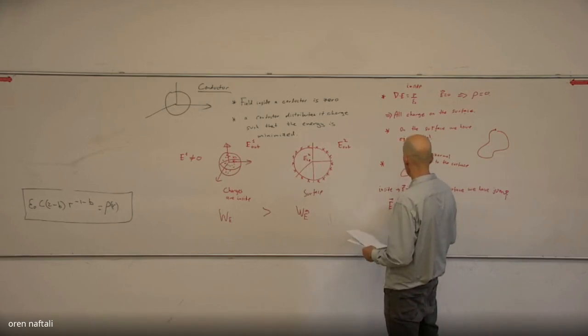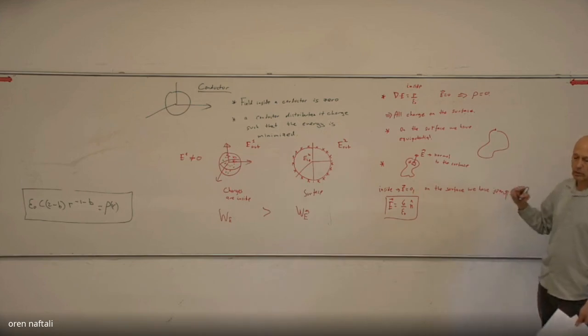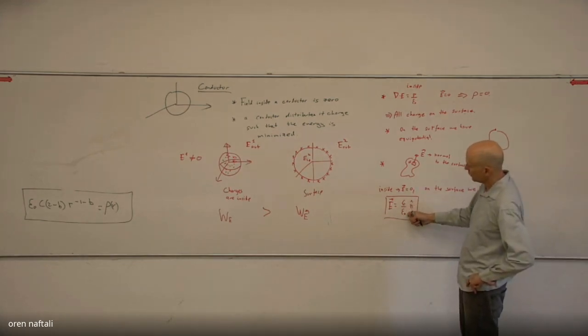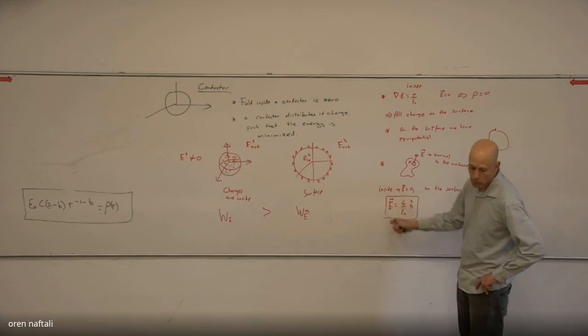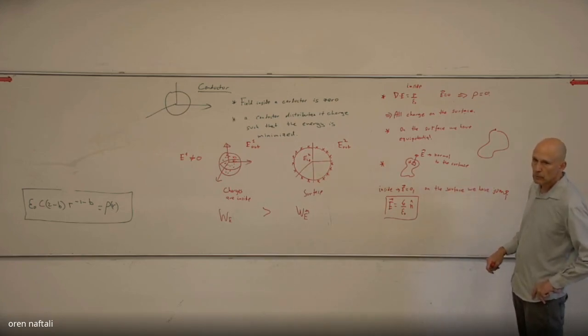It's given by sigma over epsilon 0 n. And this is, again, charge per unit surface, so it has units of charge divided by meter squared, which is, of course, the units of an electric field. Just the Gauss law specific application.